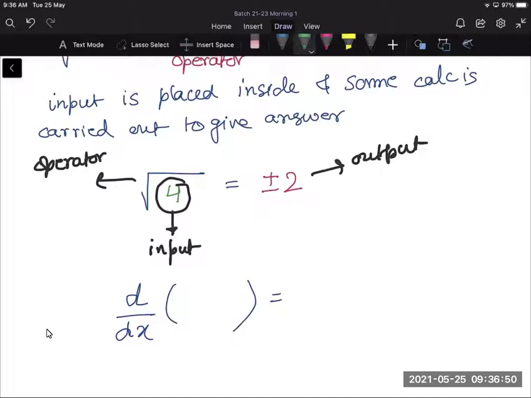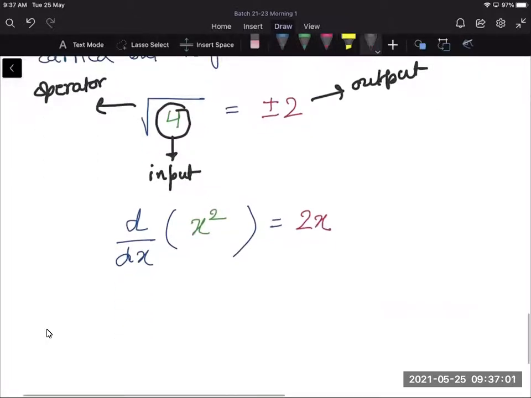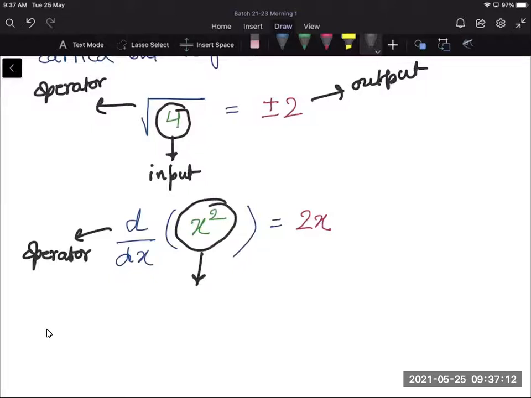So let's say that I write d by dx of x square. What will be the answer? Now I will say that this whole thing, this blue thing, is the operator. And only this part within the brackets is the input. And then this is the output.